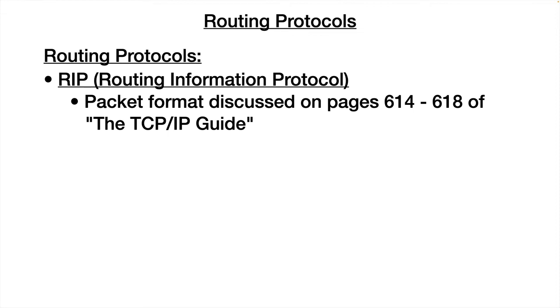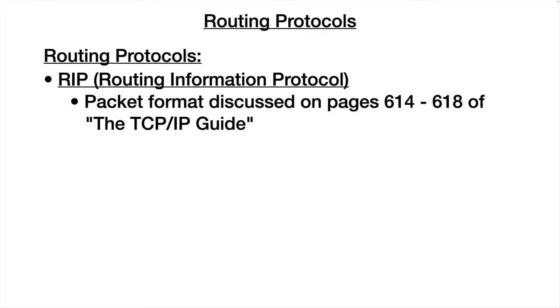The packet format, I'm not going to have pictures like I normally do because there are many different packet types, and within the packet types there are different codes or commands. So for routing protocols, we're going to point out where they exist in the textbook.